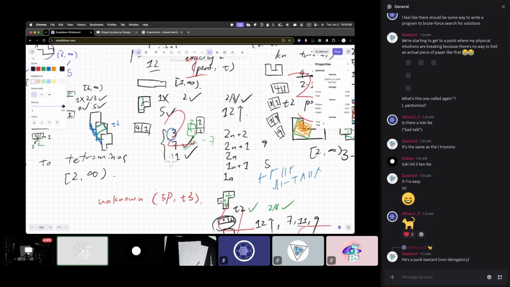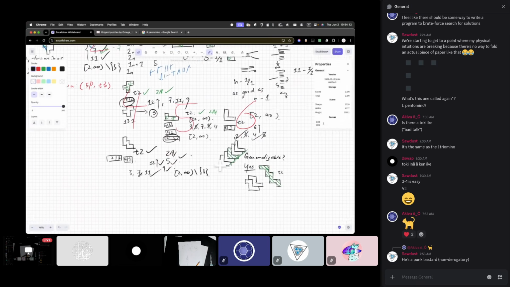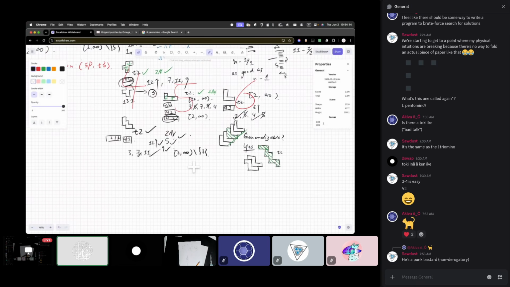And similarly for here, I think I just didn't write the conclusion. But yes, 2 and above, except 3, are possible. Okay. Well, now we've done 7 of these, from 6 to 7. What next?